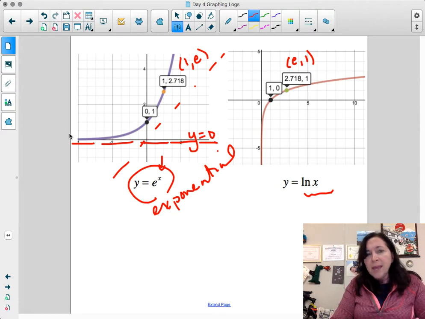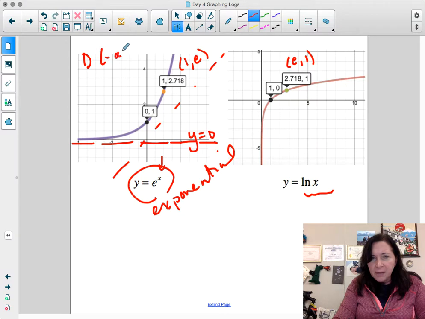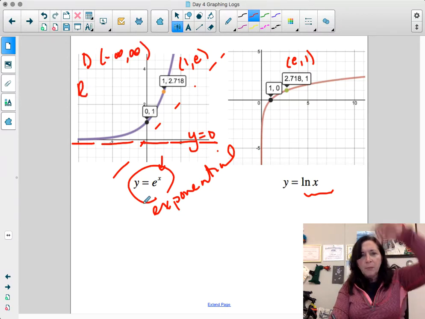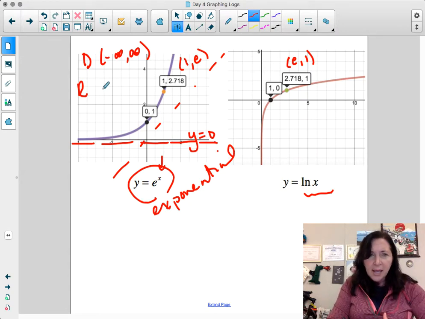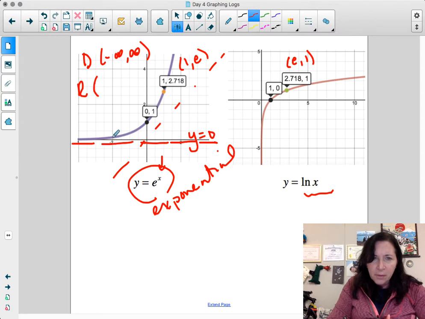For your domain, for this problem, your domain would be negative infinity to infinity, and your range goes bottom up. Where a domain goes left to right, your range goes low to high. So in this case, not including 0, so that's why it's a parenthesis, and then that's going to go to infinity.